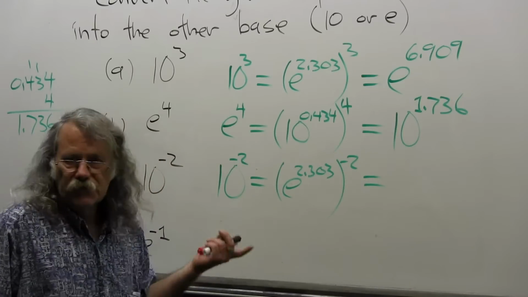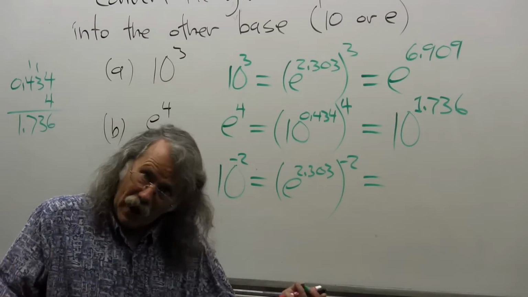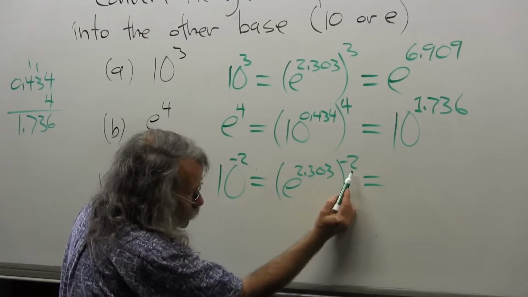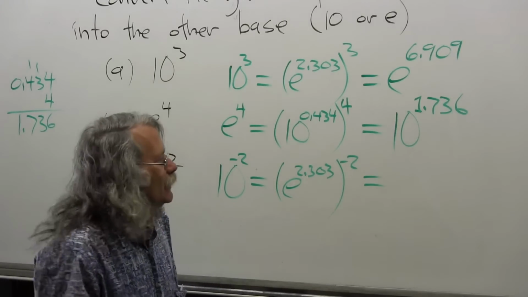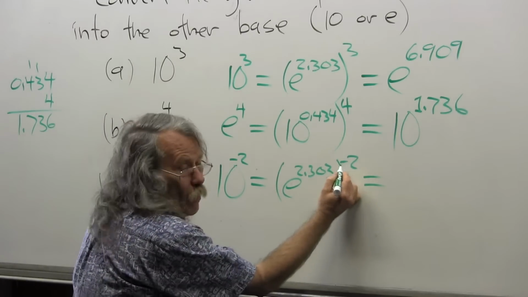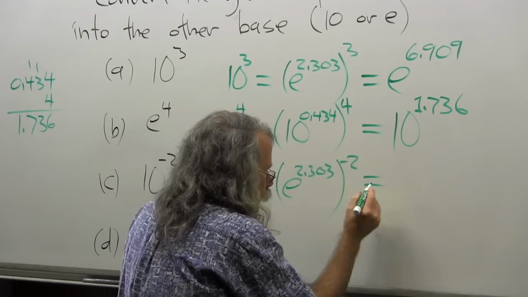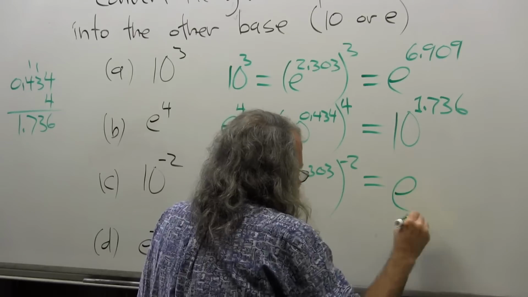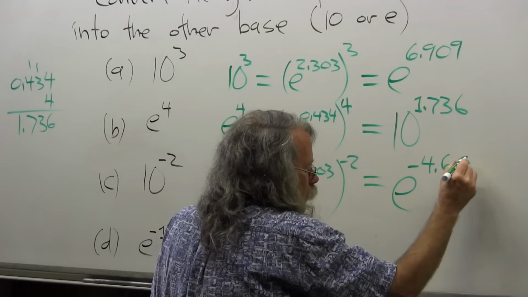Well, nothing has changed. All I need to do is I have to know when to add and when to multiply. In this case, I simply multiply. And this one I can do almost in my head. It's just now it's going to be a negative number. So that's going to be equal to e to the minus 4.606.